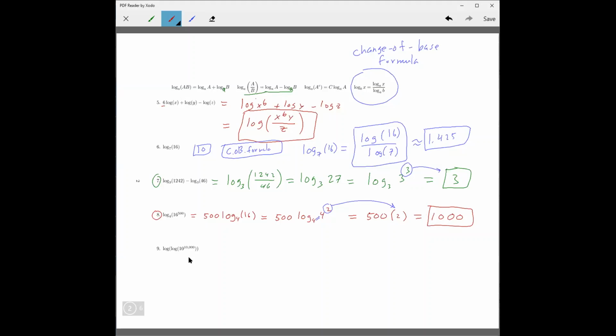Okay, and then this next one, you have the log of 10 to the 10,000. Now this is log base 10 because it doesn't specify, so we know it's log base 10. And this 10,000 can come out in front, so let's go ahead and do that.